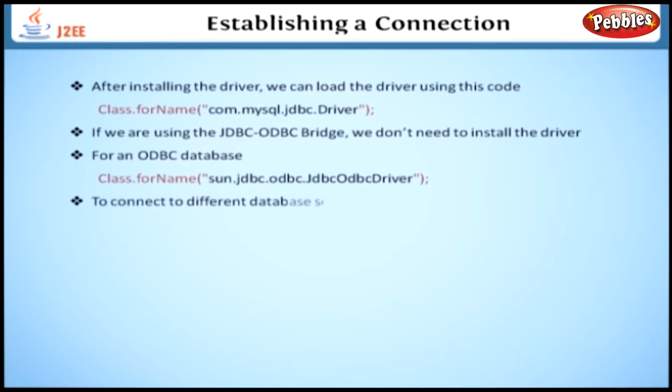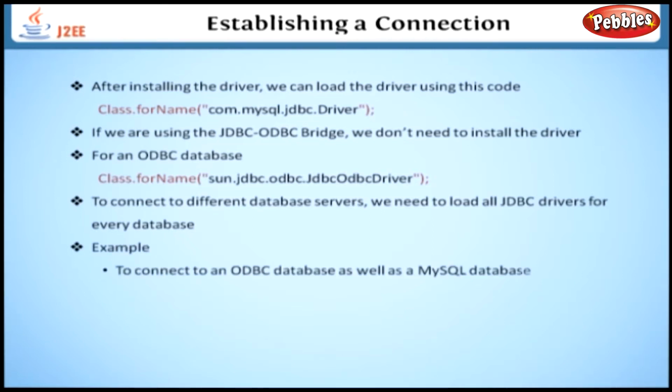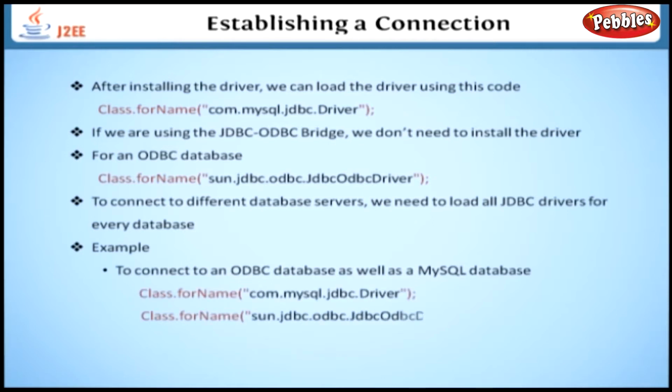If we want to connect to different database servers, we need to load all JDBC drivers for every database. For example, if we need to connect to an ODBC database as well as a MySQL database, we have to load both of these drivers. Creating a connection.